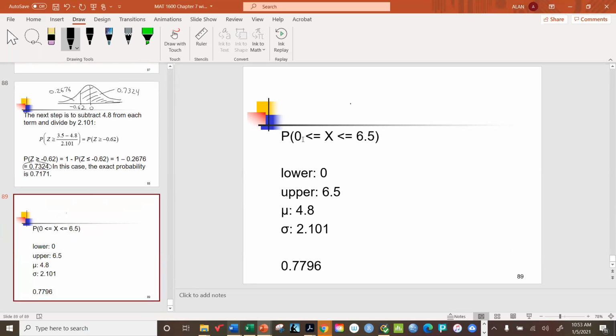Here we go. All right. So this time, after using the continuity correction, it's actually going to be between 3.5 and 60. All right, let's see where that leads us. Okay, so let's get out the calculators.